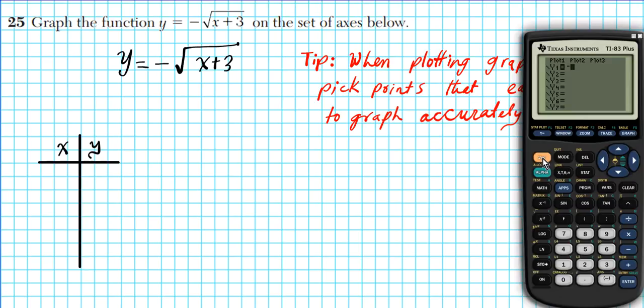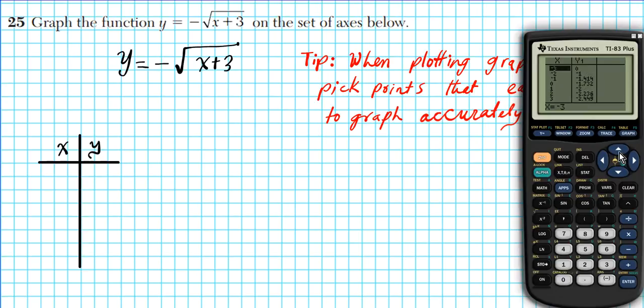So negative square root of x plus 3. Enter, hit graph. As you can see, we have a radical function that has been reflected downwards and shifted 3 units to the left. Now let's take a look at the table.